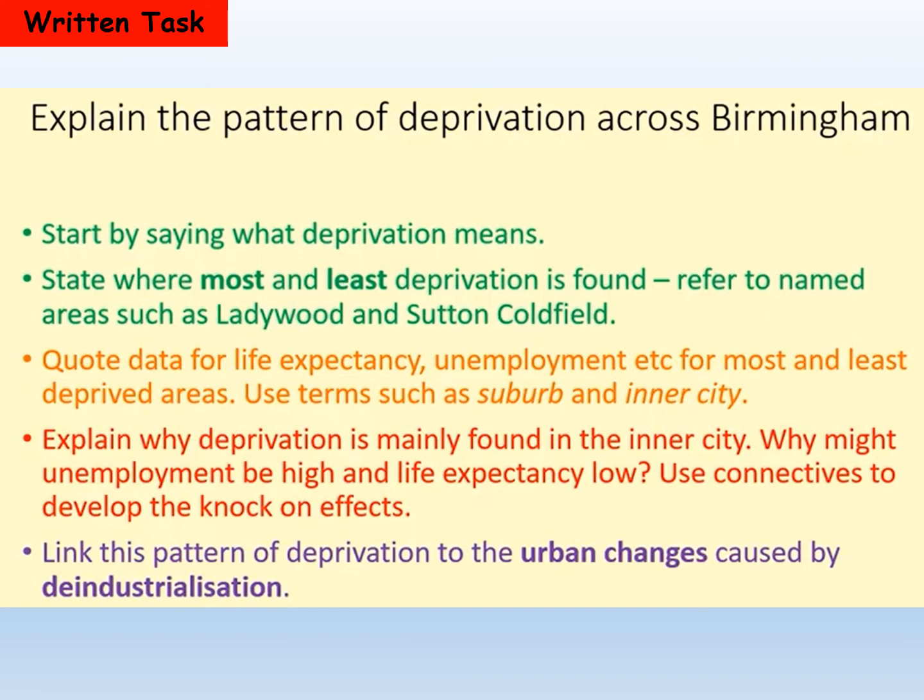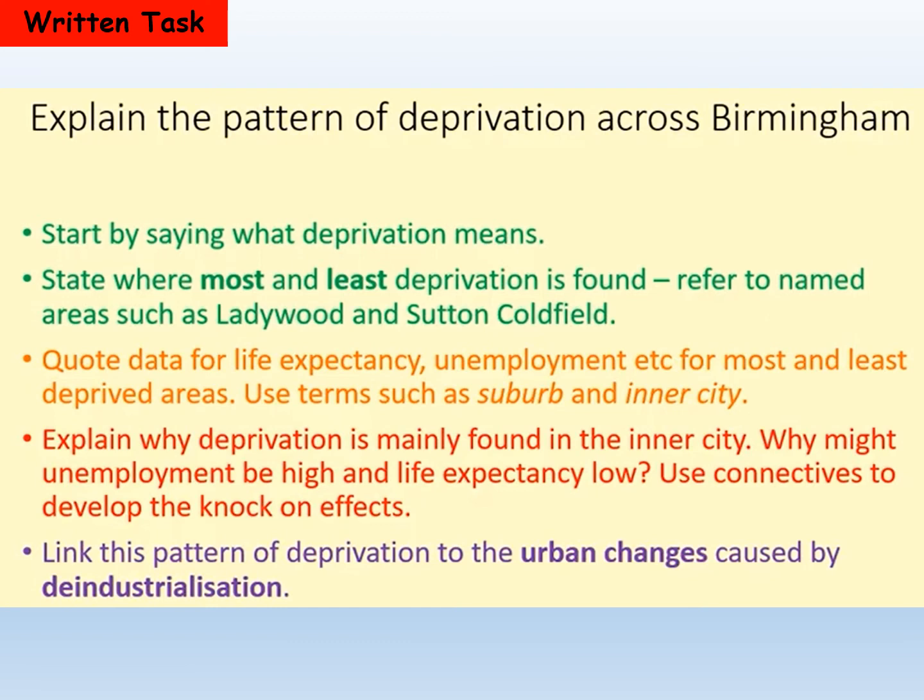So you then build on what you've done there by explaining why deprivation is mainly found in the inner city. So hopefully you will be able to say something along the lines of, right, deprivation is found in the inner city because unemployment is high, therefore people don't have much money, therefore they can't afford things like nice food and nice lifestyles, therefore the life expectancy is much lower.